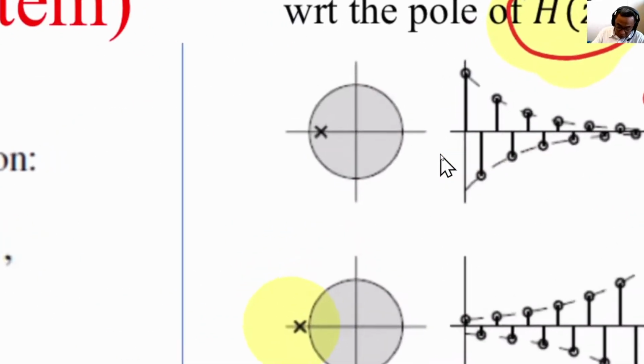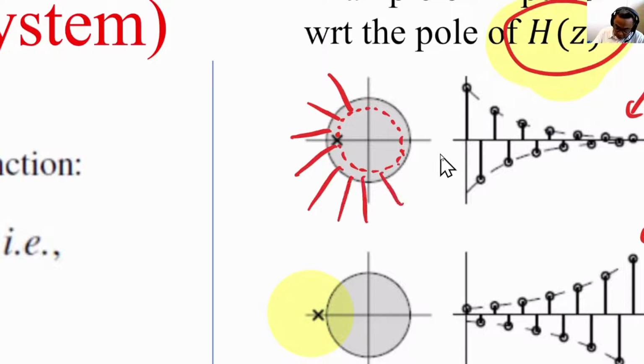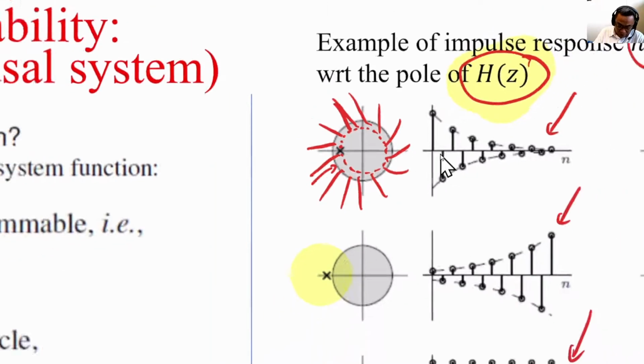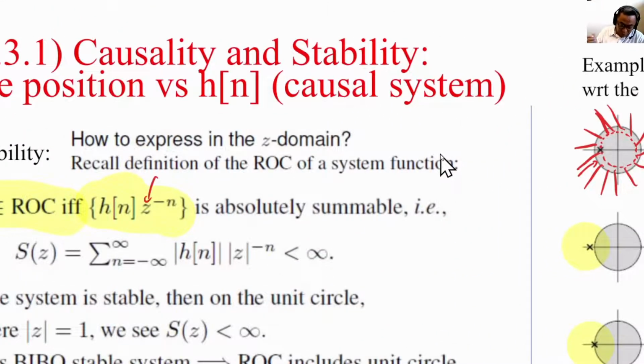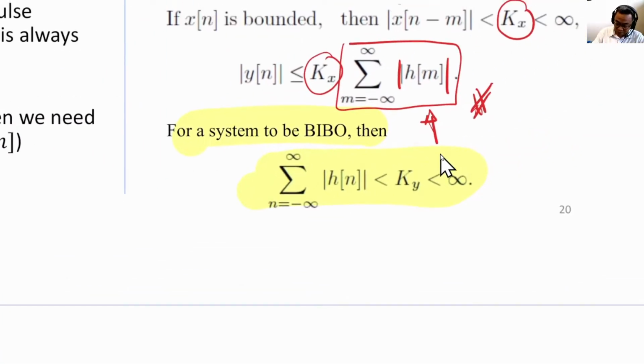So for example, if we have a pole here, we should be drawing this diagram here and say that if this is a causal sequence, anything outside this radius is the region of convergence. And once it includes the unit circle, what it means is that z equals 1. Therefore, h of n is absolutely summable. That is the key idea why we are interested in the unit circle being in the region of convergence or not, because this is equivalent to exactly this equation here.